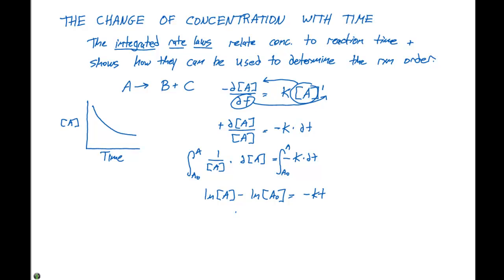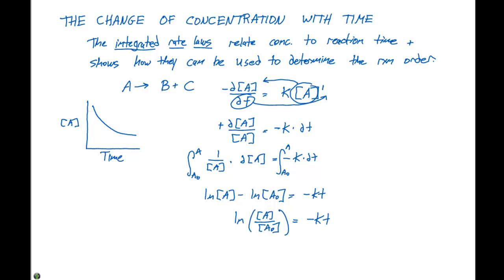And if we rearrange this to see the first order integrated rate law that you see in your textbook, it's going to be the ln of A divided by A0 is going to equal minus kt.